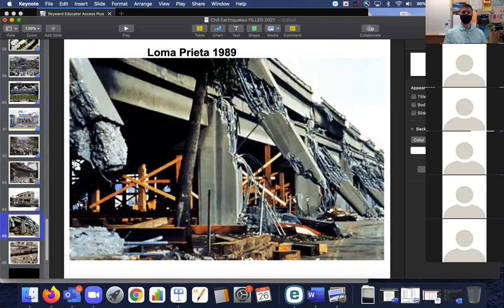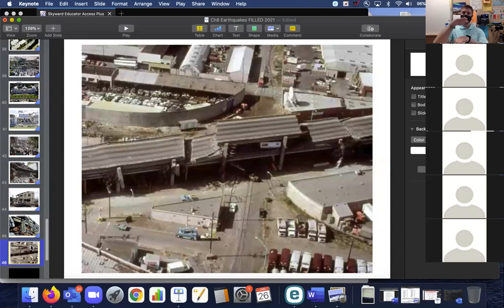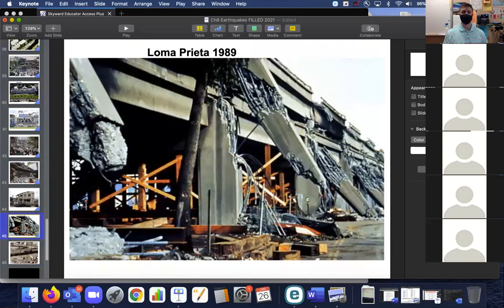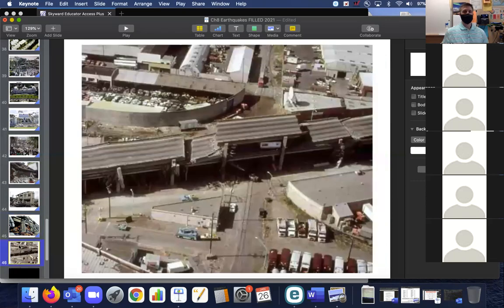All this concrete gave way and it broke. And that resulted in the top level of the bridge falling on the level below it, which, unfortunately, killed a number of people as they were driving. It crushed them. But it is a good example of how concrete does not do well with earthquakes. Okay.